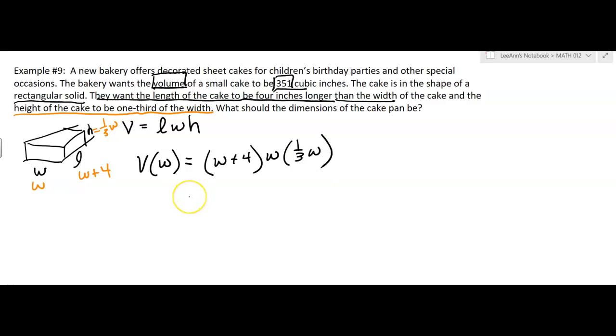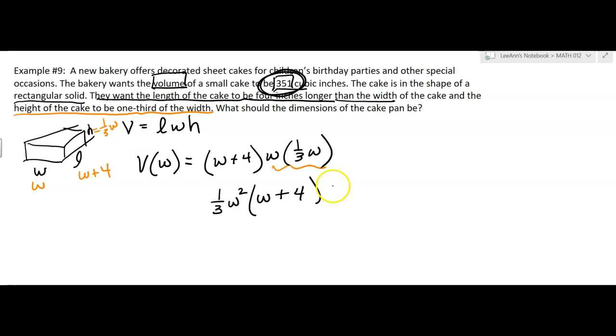Now what do I want to do? So I've got this multiplication going on, and there's different ways you could approach this. Also, we have not used the 351 yet, right? So I'm going to write 1/3 W squared times W plus 4. I'm simplifying this part to 1/3 W squared and then times W plus 4.